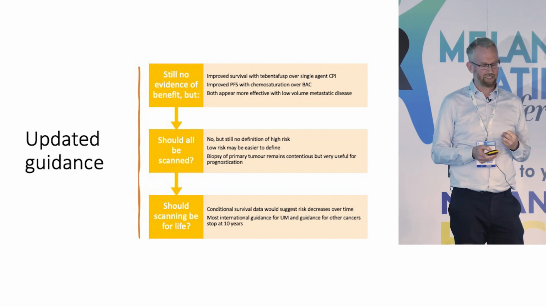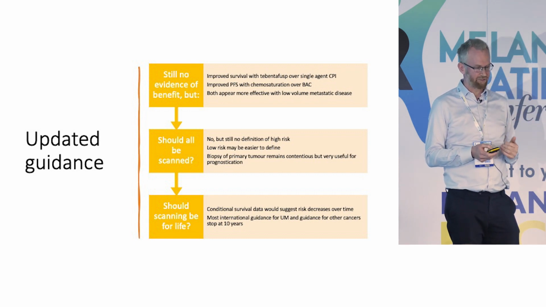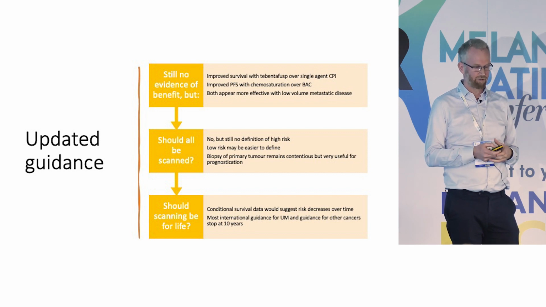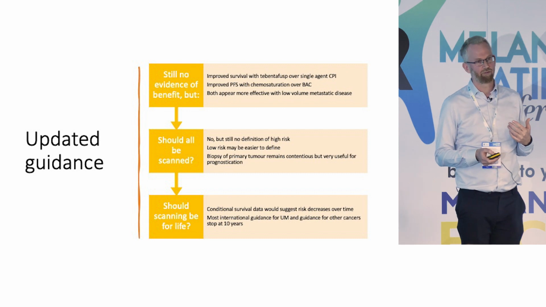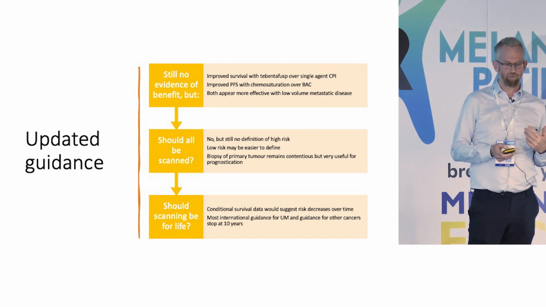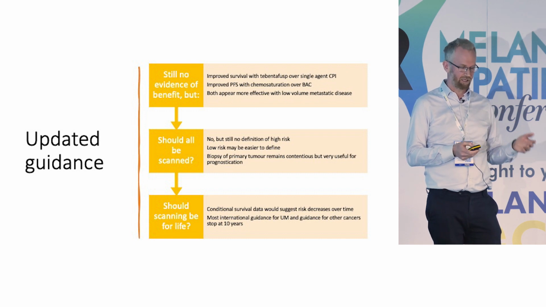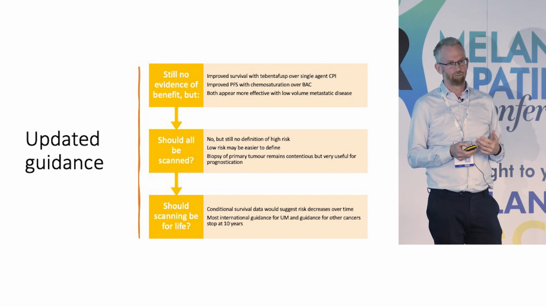So this is what happened with the updated guidance. Unfortunately, we still don't have any really strong evidence of benefit of surveillance, but we do know that there's now improved survival with Tebentafusp. We know there's improved progression-free survival with chemosaturation, which I'll come to, and these also appear more effective with low-volume metastatic disease.